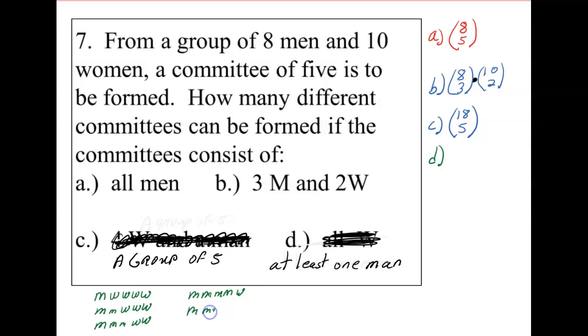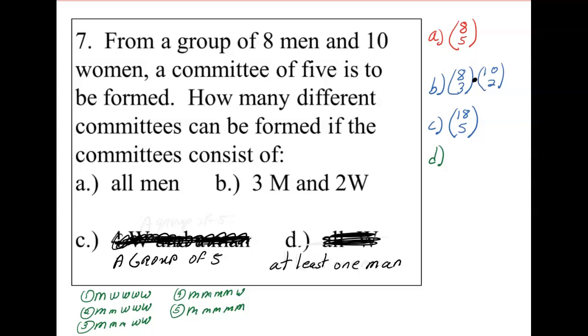Or you could have all men. So one way students would tend to do this problem in letter D is they would say, all right, well, let me do problem number 1, problem number 2, problem number 3, problem number 4, and problem number 5, similar to how you did part B. And once you get all those answers, you could add them all up.